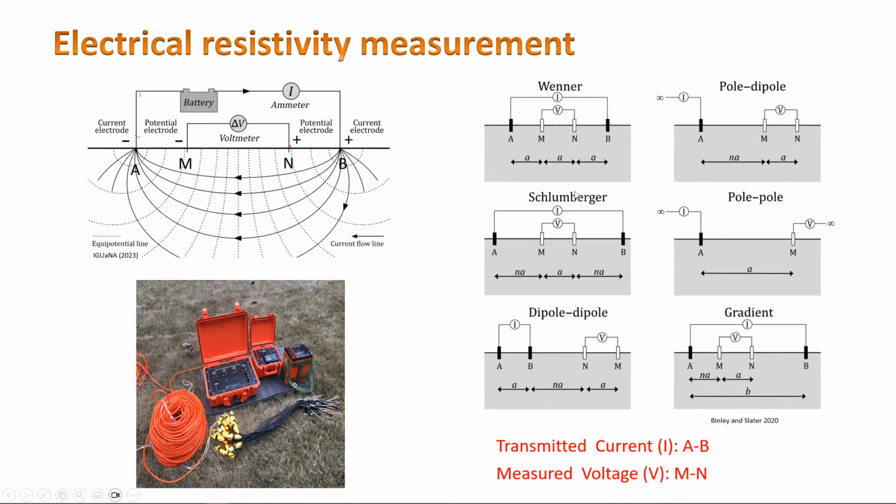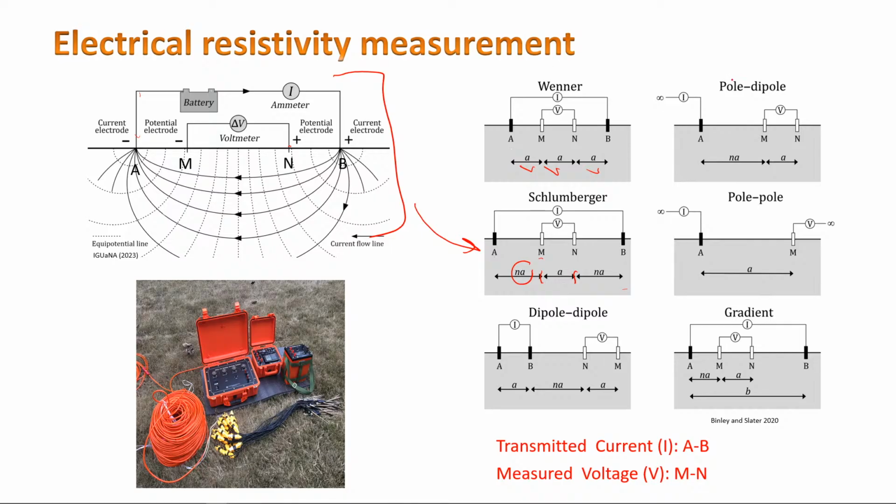this is one configuration for how you arrange your electrodes, but your electrodes could be arranged in different ways. This image that you see here would be Schlumberger. Here the distance from M to N is A, and here from A to M, or N to A. This is called Wenner, where the A's are all equal, you put them all at an equal spacing.